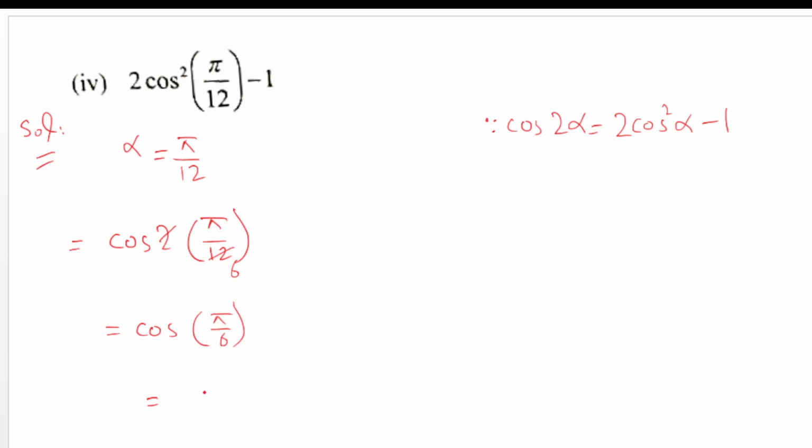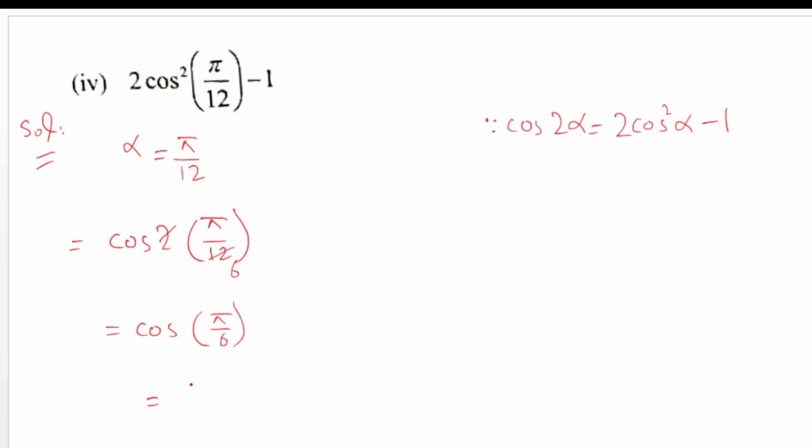So basically cos 30 will be equal to, let me find with the help of calculator. Cos 30 is square root 3 by 2. Simple.